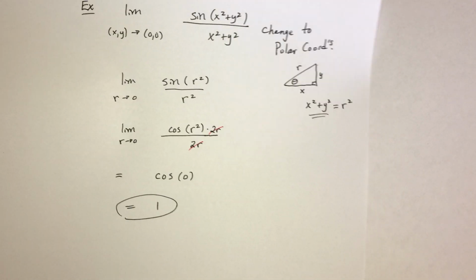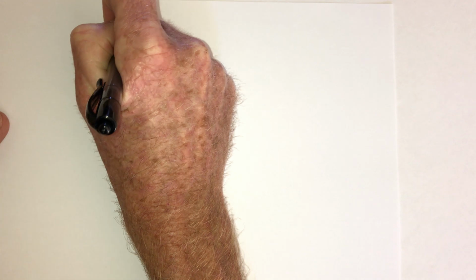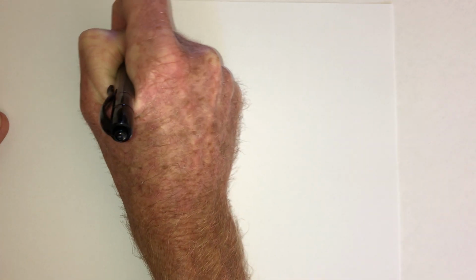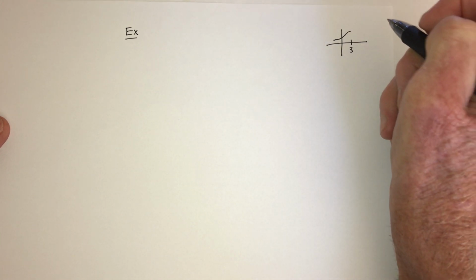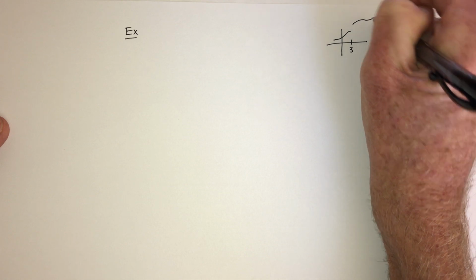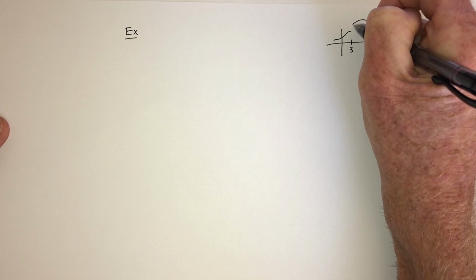Okay, so with all of the ones that I've done so far, they've all had an answer, but sometimes they don't have an answer. Sometimes the limit just does not exist. Now remember from Math 3A, the way that a limit could not exist is if the function goes like this. Let's say you're taking the limit as x approaches 3, and then the other side looks like this, and there's this gap in the function.